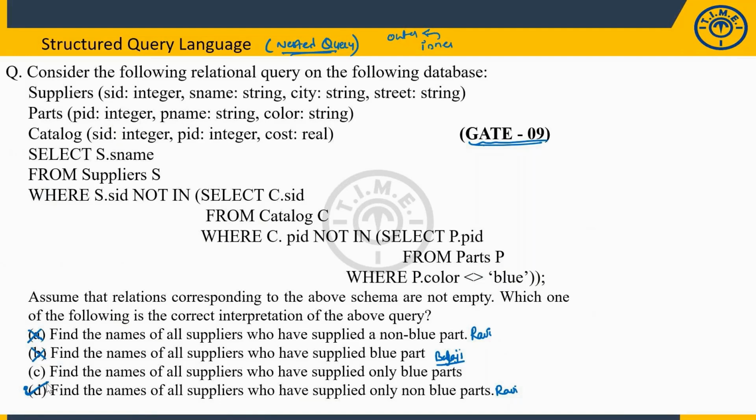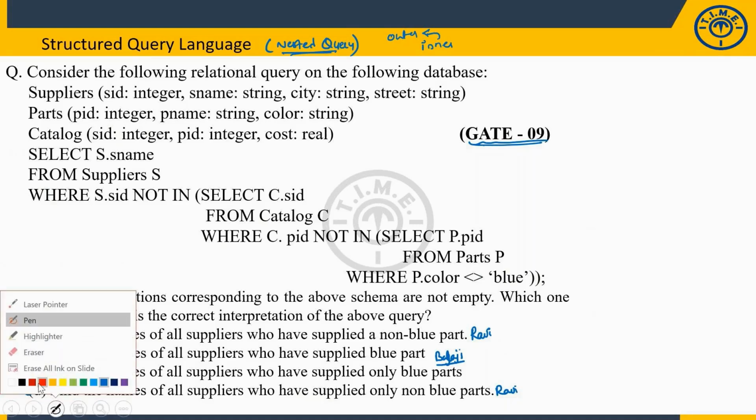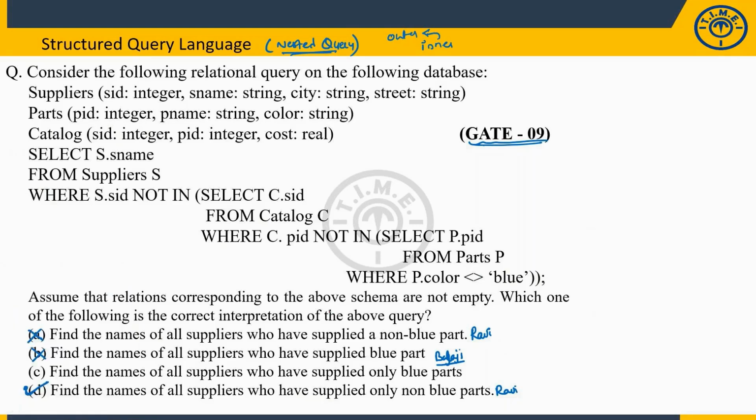Look, what was the confusion in the question? The query is simple, but the confusion is in the options. What is asked? Find names of all suppliers who have supplied a non-blue part, and who have supplied only non-blue parts. What is the difference?